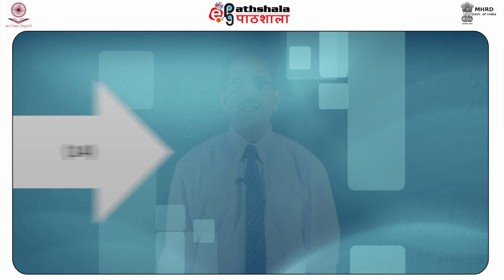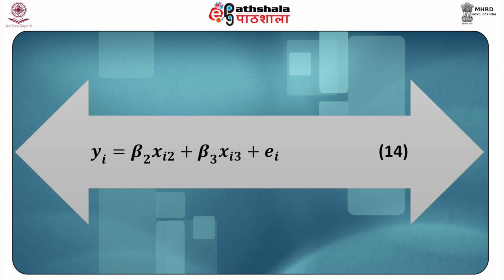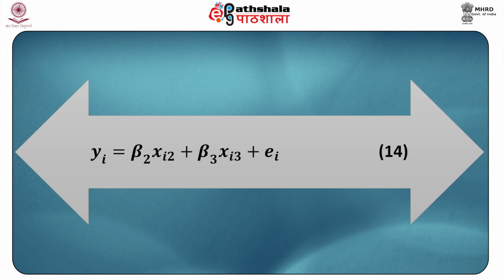So this is in a way rewriting the earlier equation 2 in terms of mean. Now subtracting this 13 from 2 will give us the model in deviation form, and this model can be written as small yi is equal to beta 2 into small xi2 plus beta 3 into small xi3 plus ei, and we can write down this as equation 14.